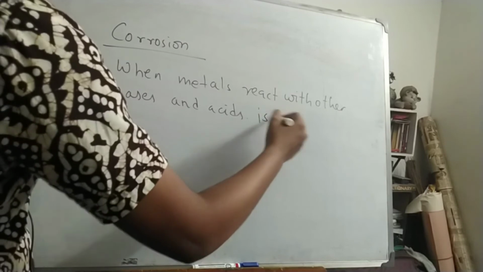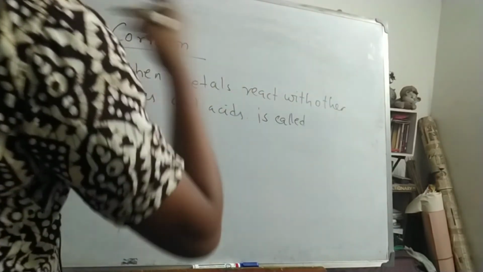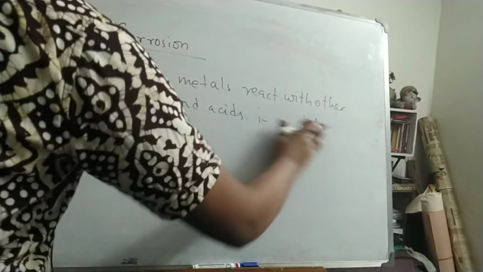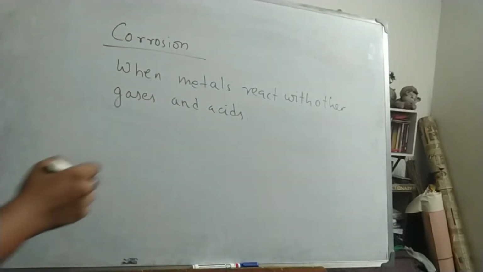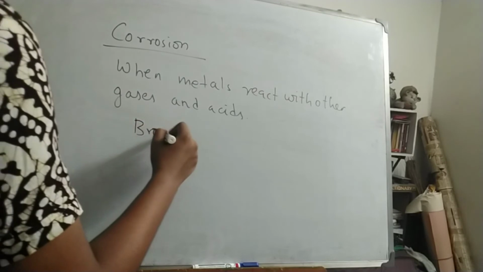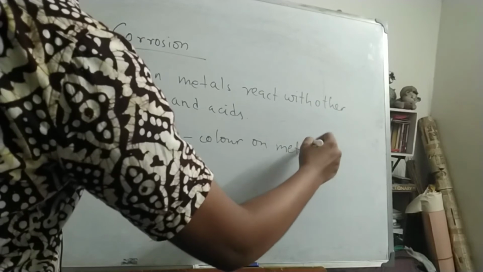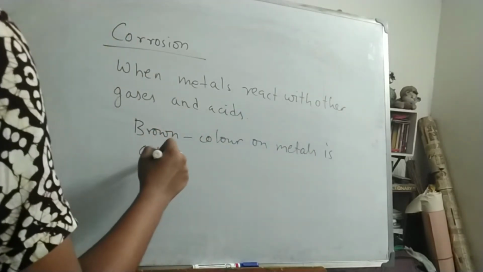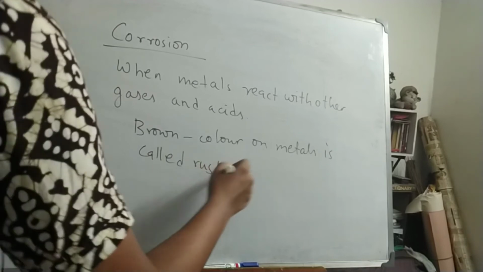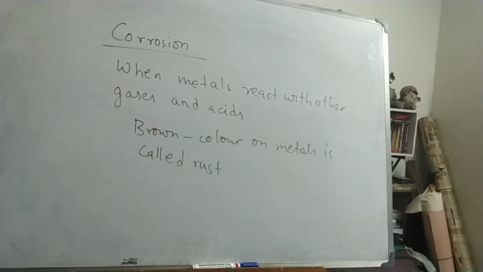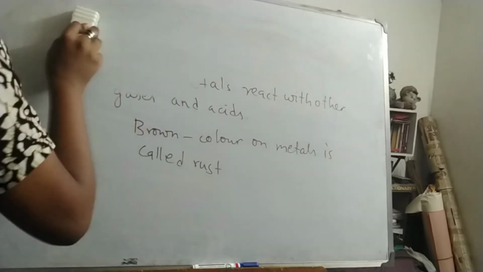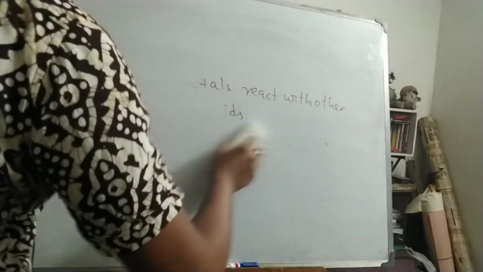It is called corrosion, because after corrosion there is a brown colored substance on metals, called rust. Corrosion also done. These are very easy topics, so you can understand them very clearly.